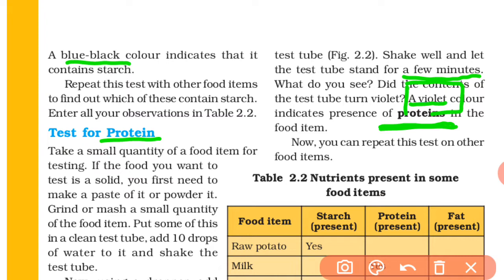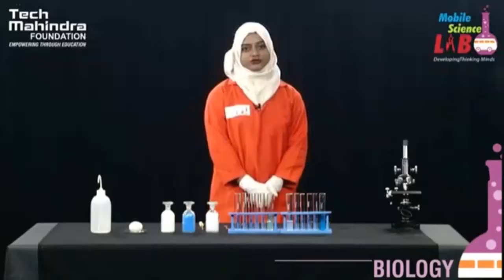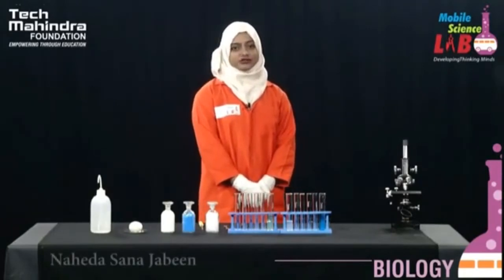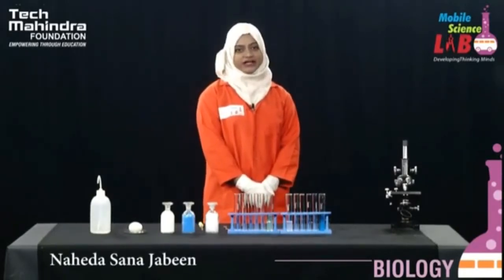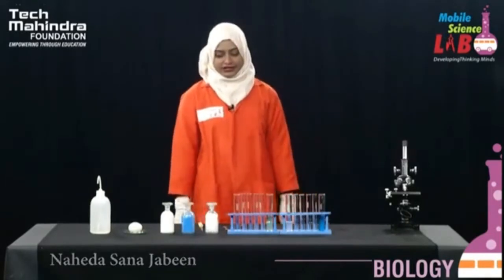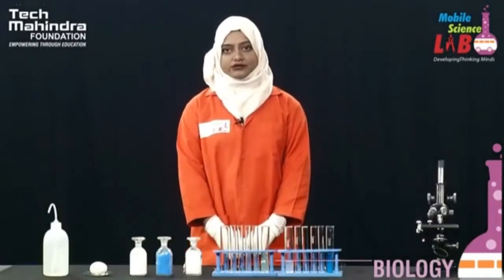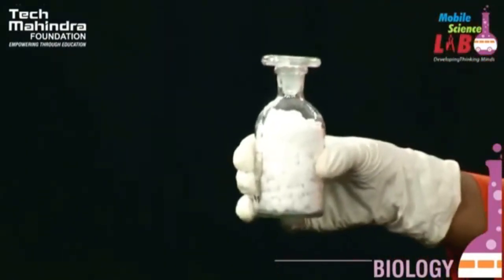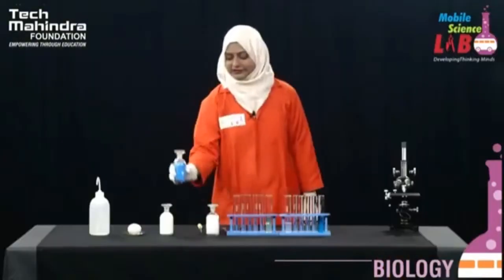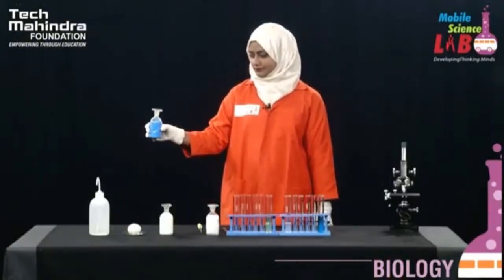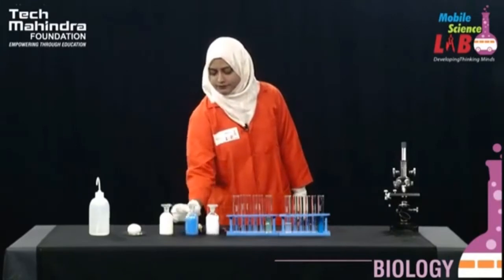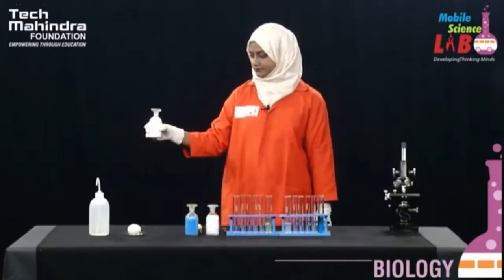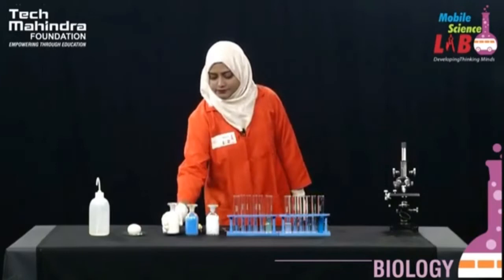Now let us see another video of this test for protein. Today, our aim of the experiment is to identify the presence of protein by a chemical test. Here, the chemicals required to start the experiment are sodium hydroxide, copper sulfate, milk, and egg.